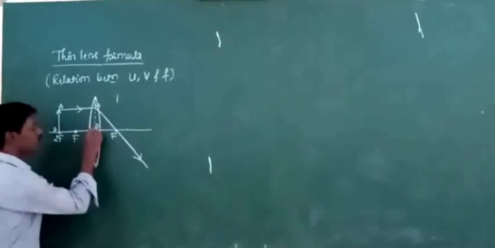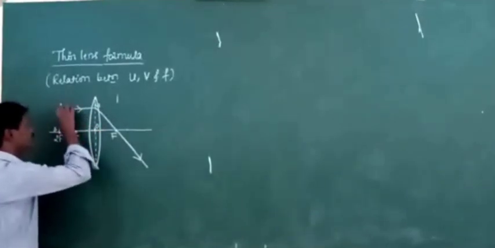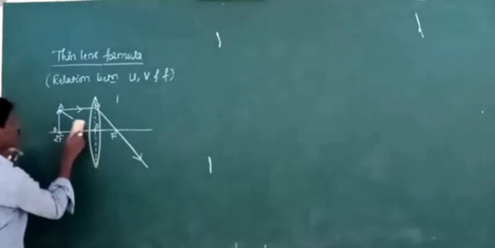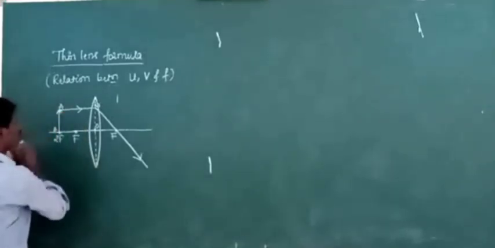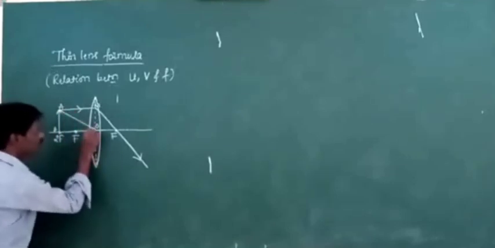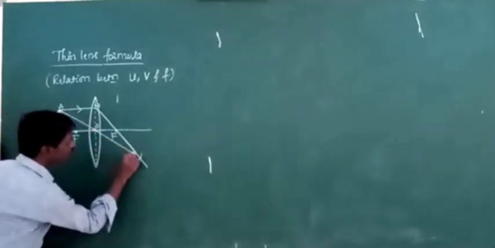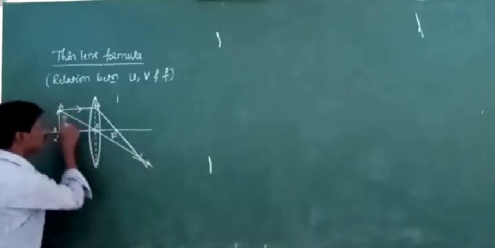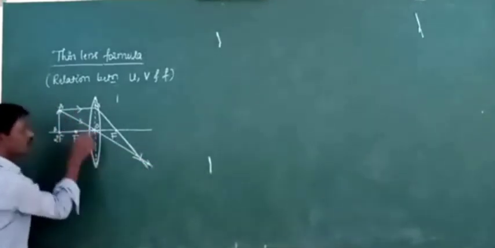That point inside the lens is called the optical center. While drawing the ray diagram, be careful and take accurate measurements. You will get the exact position of the image. Okay, it is the refracted ray for the ray passing through the optical center.